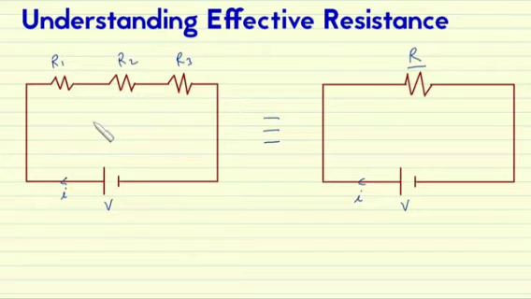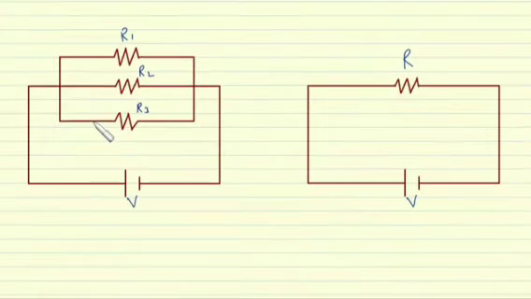Let's talk about the parallel circuit also. In this parallel circuit, we have our resistances R1, R2 and R3 connected in parallel. Now if we replace this whole parallel system with a resistor of resistance R, such that the current drawn from this battery is the same, then effectively there is no change in the circuit.